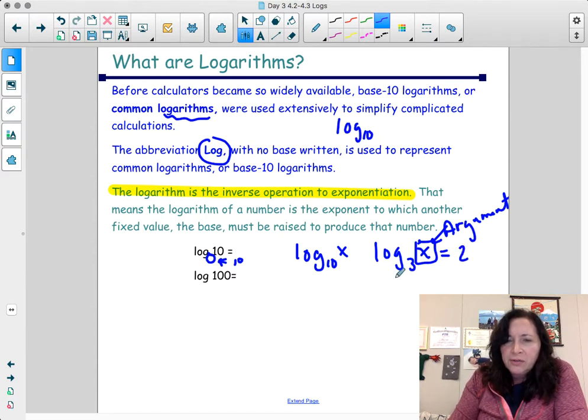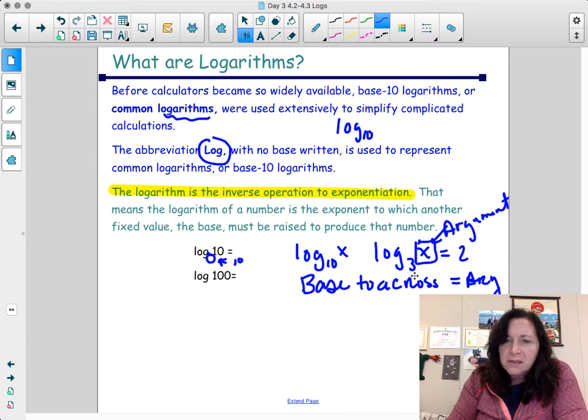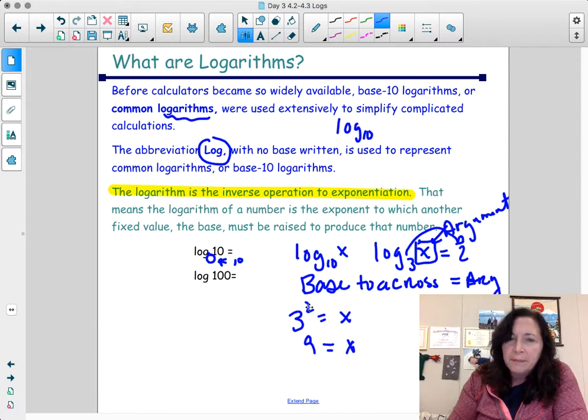So in order to solve this problem, what you would do is go base to across the equal sign, is equal to the argument. So the base, the 3, so I would say 3 to the second power across the equal sign is equal to x. So in this problem that I just made up, 3 squared is 9. So x is equal to 9.